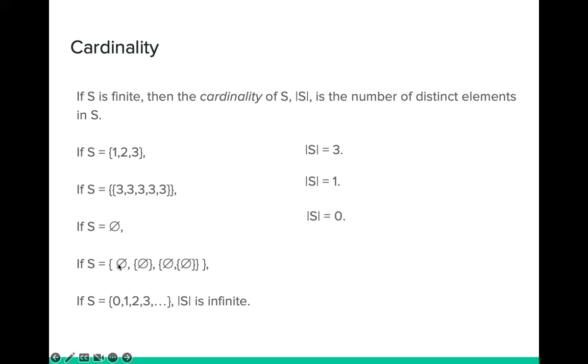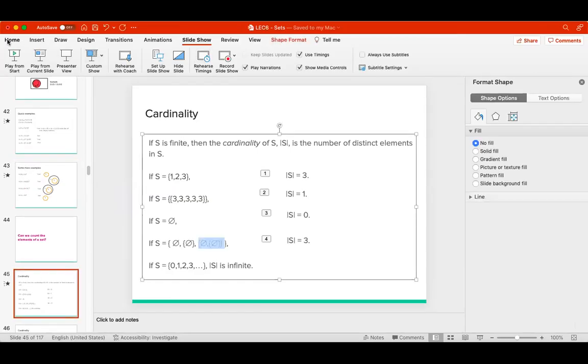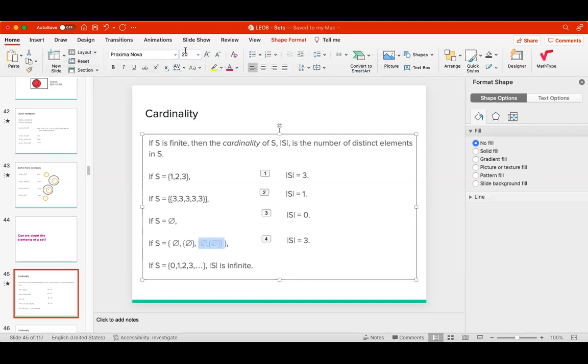We simply have to count the number of elements. So we have 1, this is the second element, and this is the third element. So the cardinality of S would be 3. Okay, so let me color it so you can see it clearly. So we have this one element, and this is another element, and this is another element.